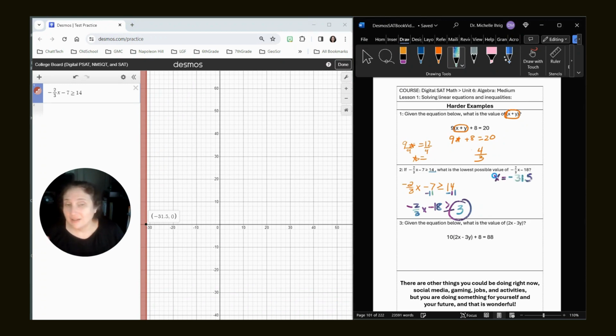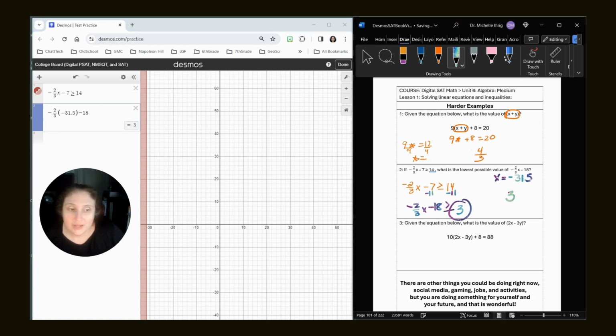Like that's the highest that that could be to make that true. So now we're going to go into negative 2/3 times negative 31.5 minus 18. And that tells us that that would be the value.